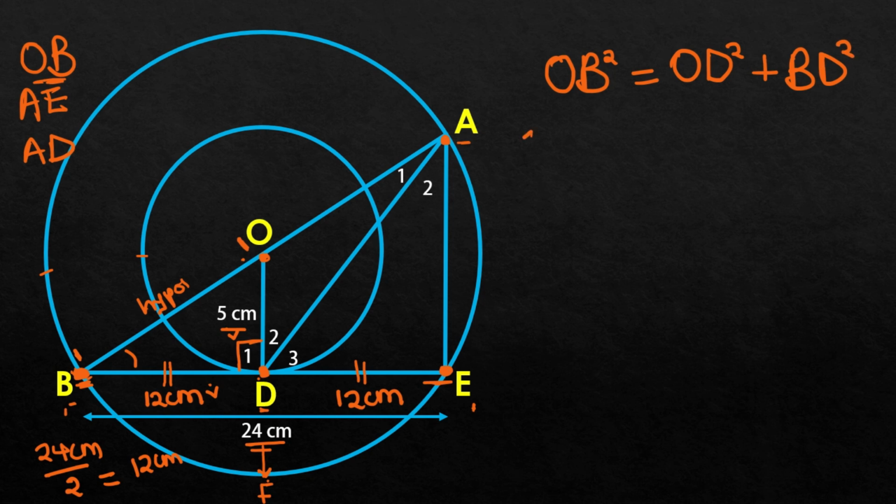And therefore we're going to say OB squared, since it is the length that we're looking for, will be equal to OD squared, and we are given that OD is equal to 5 centimeters, so we're going to put 5 centimeters and then square that, plus BD, and we have determined the length of BD to be 12 centimeters. So instead of BD, we're going to put 12 centimeters squared.